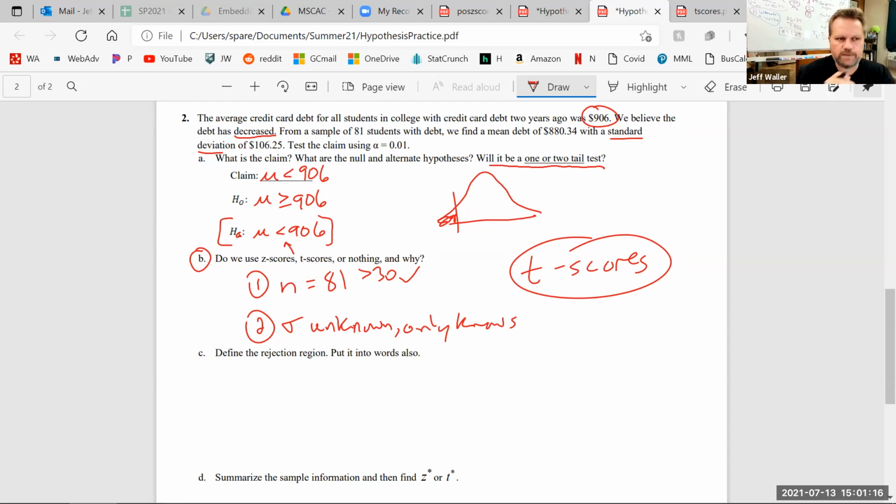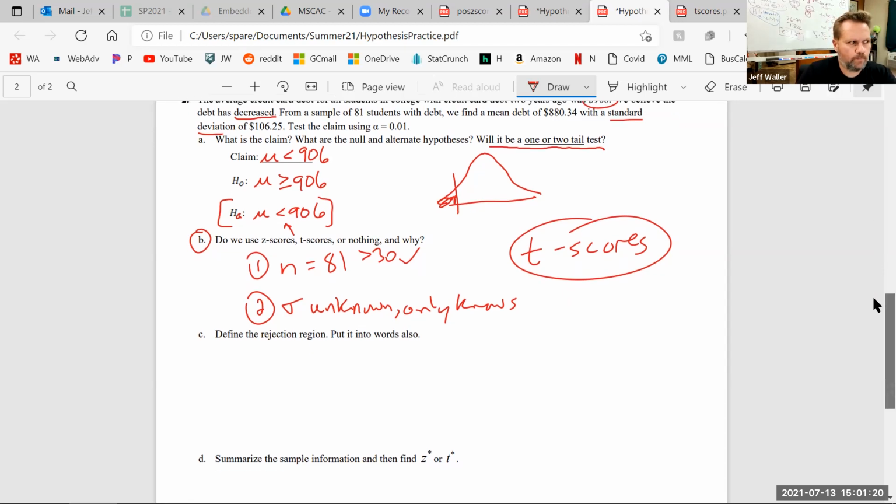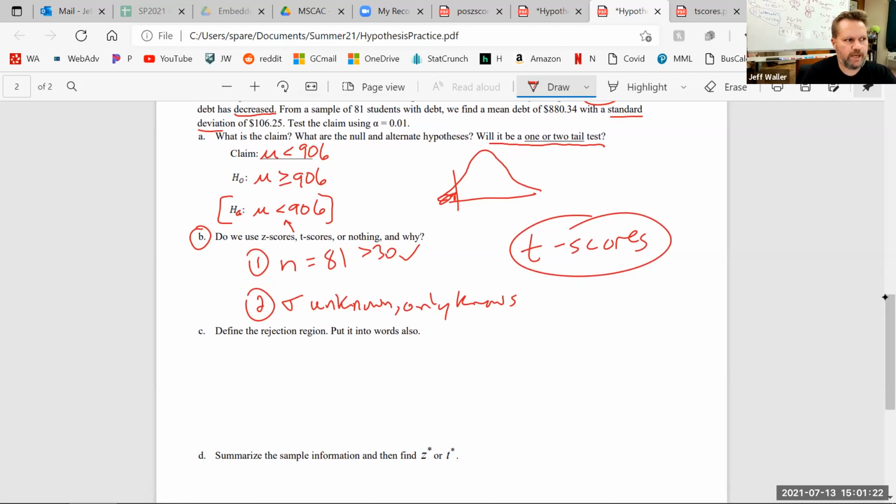Let's go ahead and finish part C. We haven't done that yet. Notice I put the alpha up here, right?